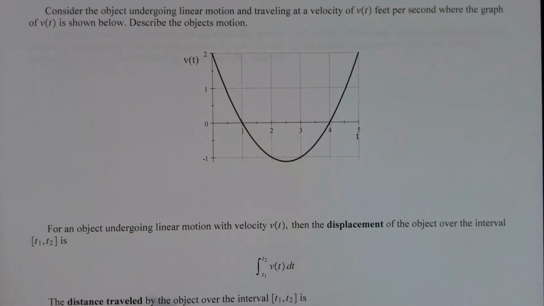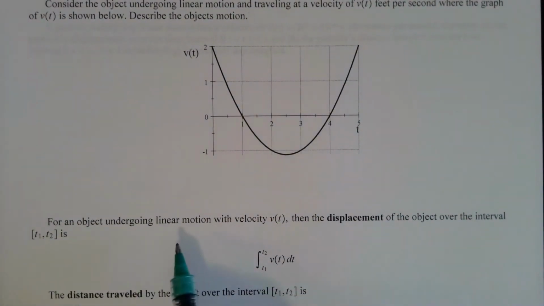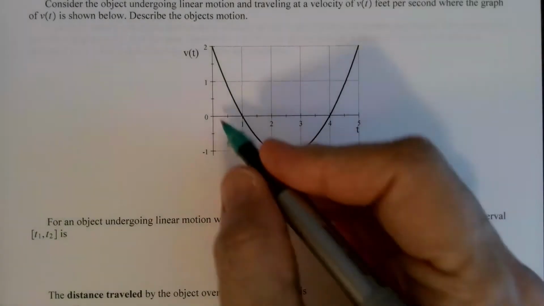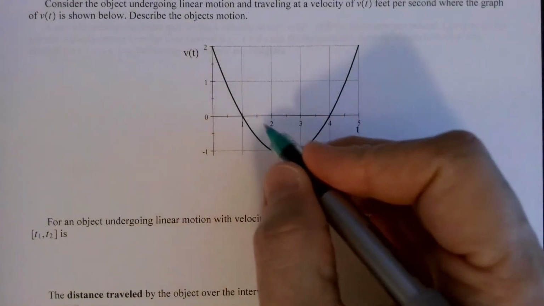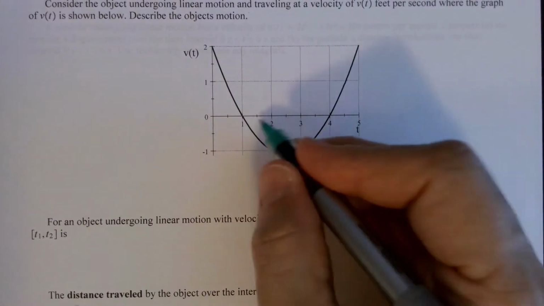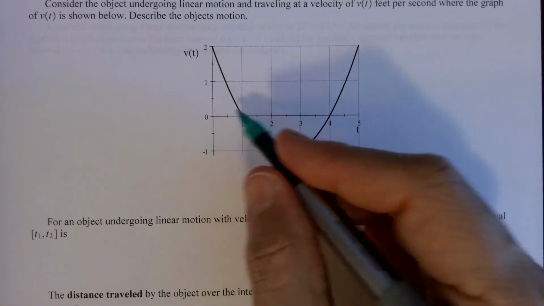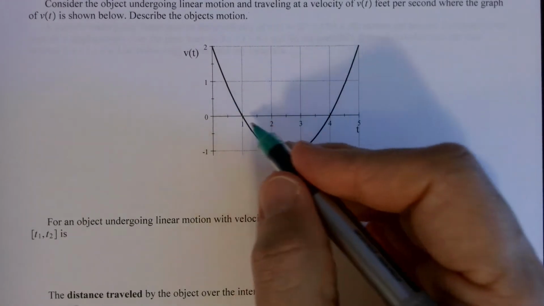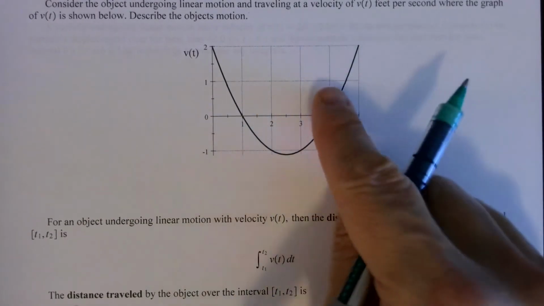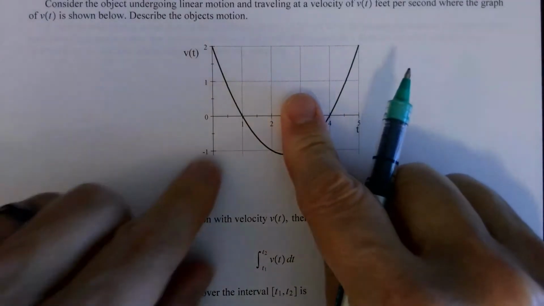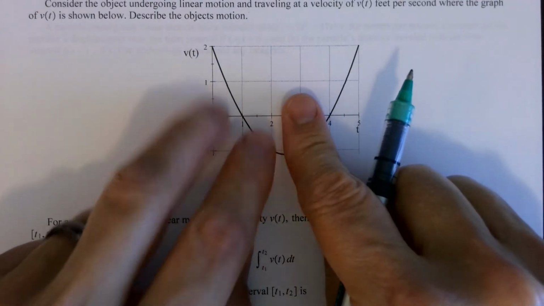So here's the problem. For an object undergoing linear motion, if we integrate this velocity, which is the rate of change, what's going to happen? We're going to get positive area here, but what's going to happen over here where the function's below the x-axis? We're going to get negative area. So you could integrate some positive quantity and some negative quantity, and maybe after two seconds or so these two areas are the same.